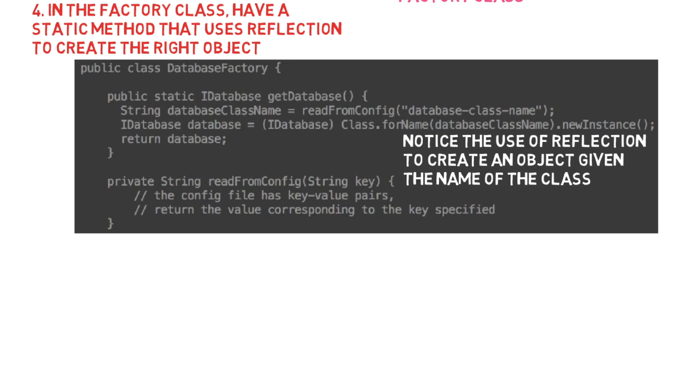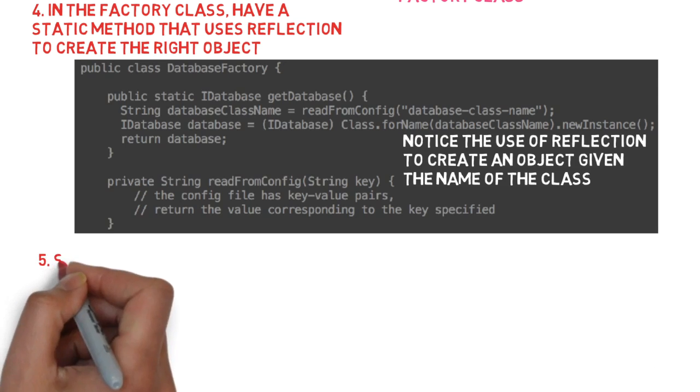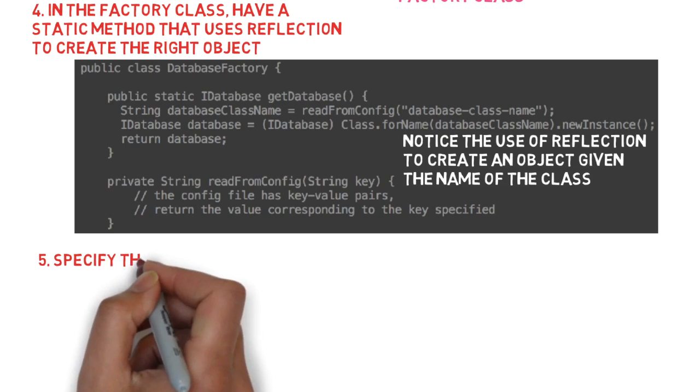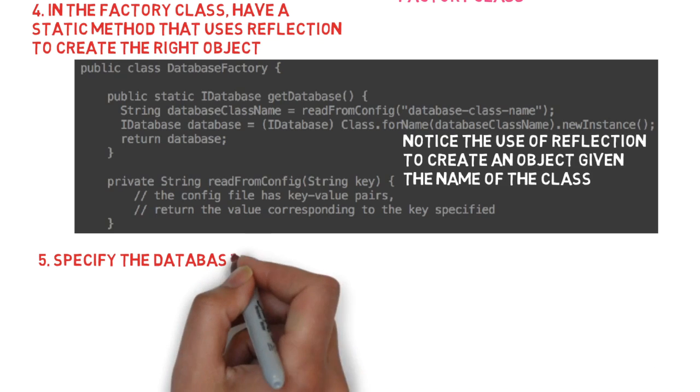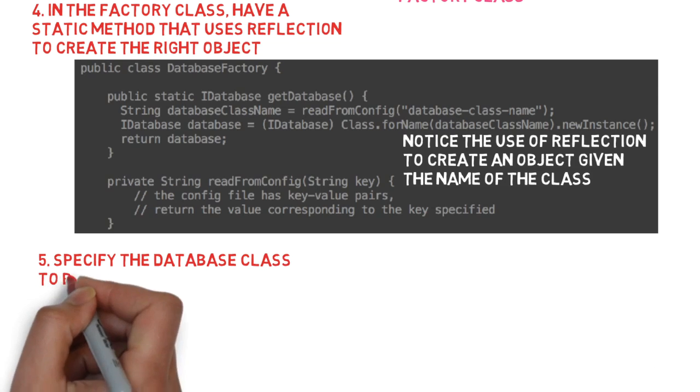We want to know the value that is specified in the config file for this key. Once we get the database class name, we simply say class.forName and create a new instance. This is how you create a new instance using reflection. And what it returns is an iDatabase interface implementation. And we simply return this implementation.